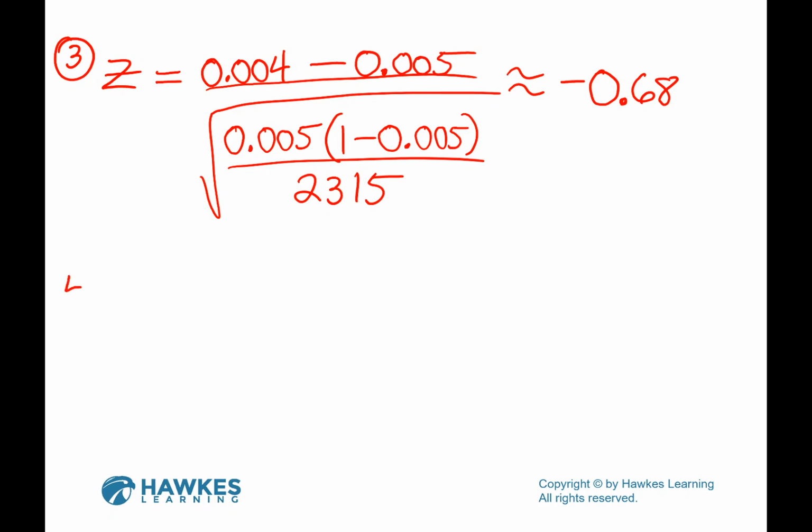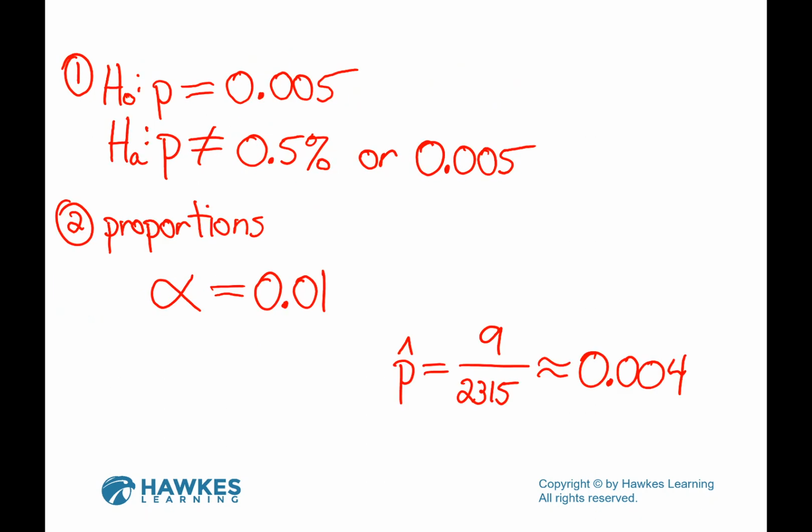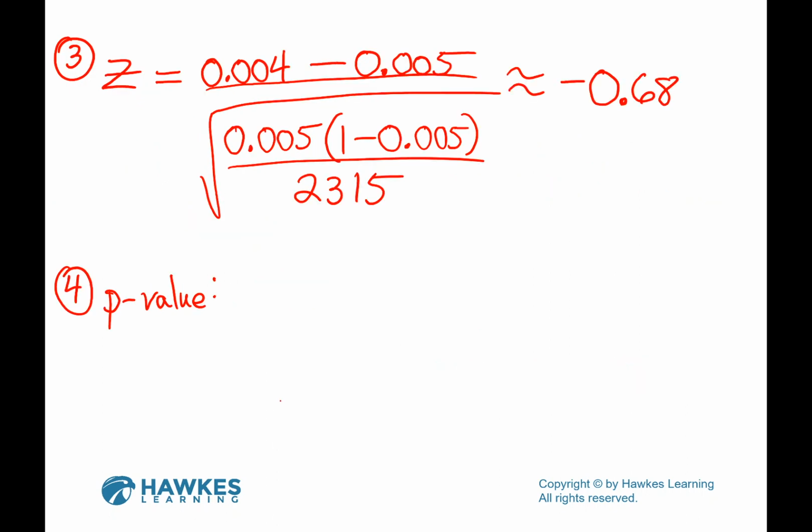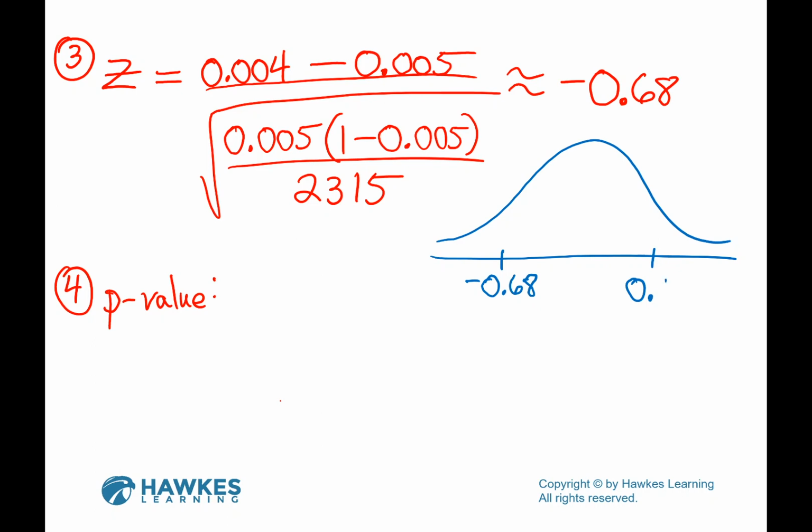Then for the p-value, this time we are doing a two-tailed test because we have not equal to. So when we find our area, get our p-value, we're not only concerned about our test statistic negative 0.68, we're also concerned about the value on the other side, positive 0.68. We want the area in both of these tails.